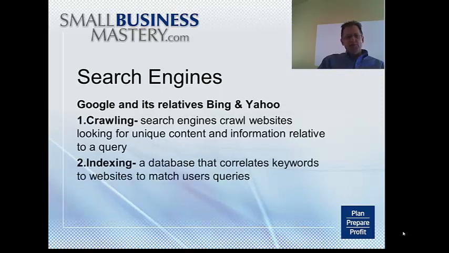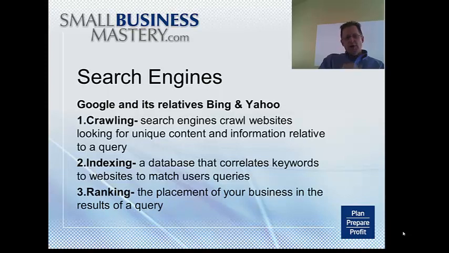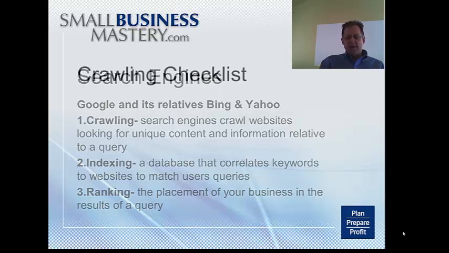Then they index all that into a database, and they correlate it using their formulas to match a website to a user when they're typing a keyword phrase, a query, a question into the search engine. Then they'll rank your website. So once they've crawled it, once they've indexed it, they're then going to rank it, based on a whole bunch of criteria. And your webmaster knows all of that criteria. So in conjunction, it's a lot of components working together.